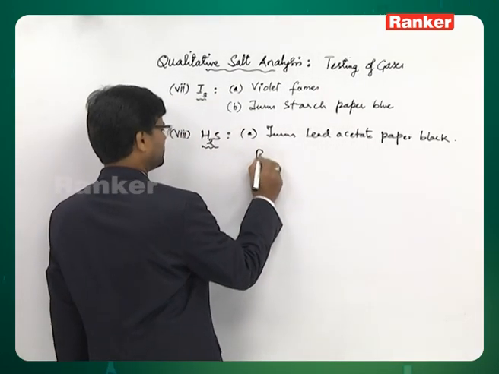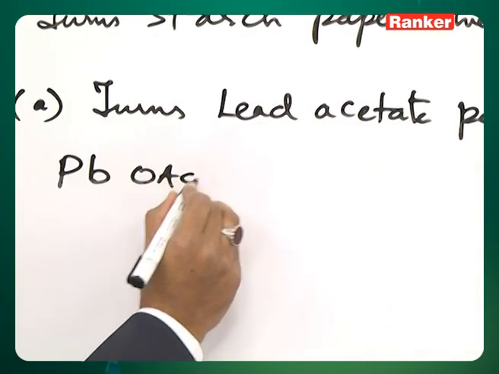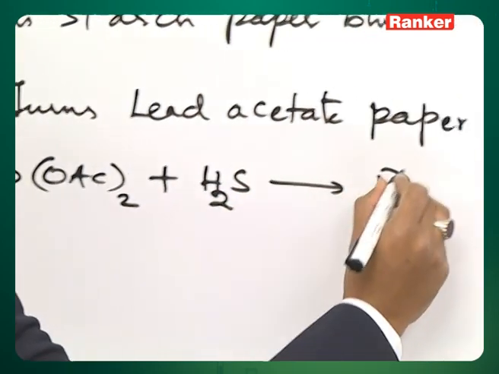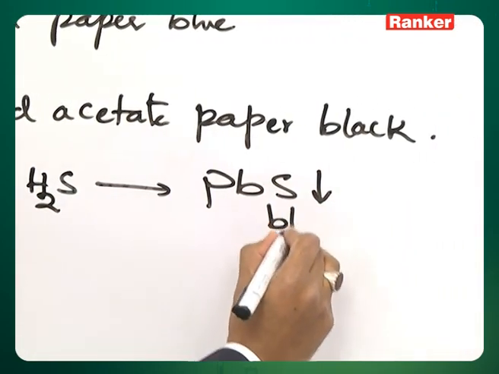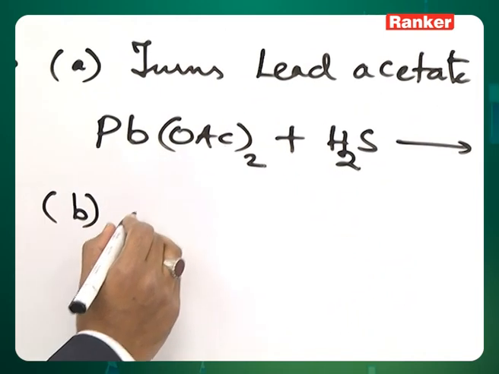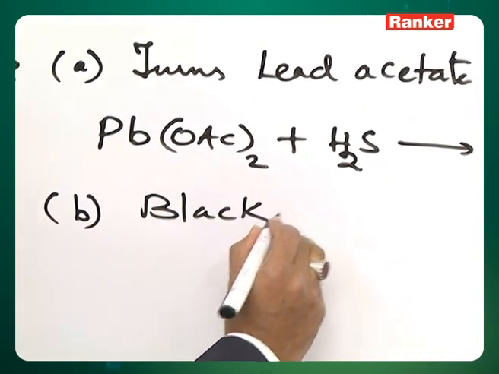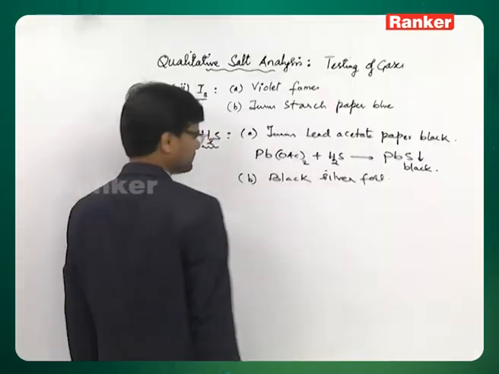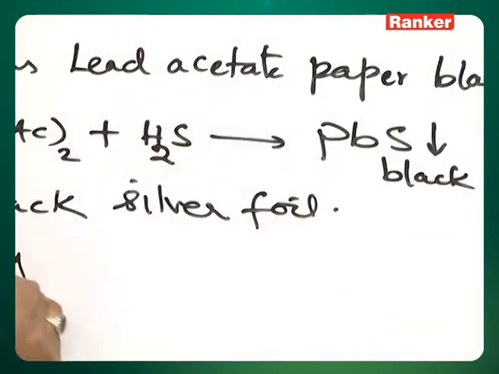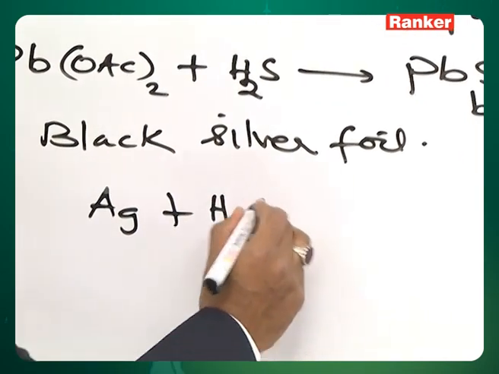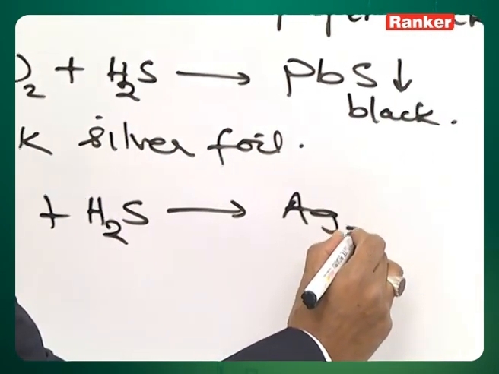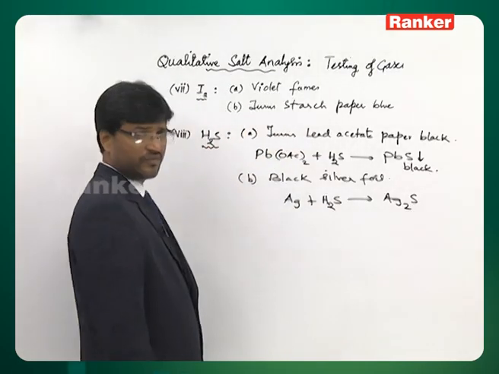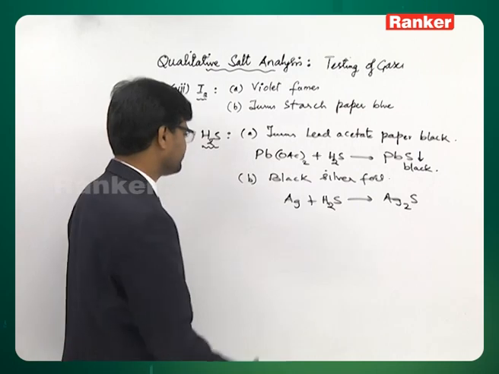The reaction which takes place is Pb(OAc)2 plus H2S. It gives a black colored substance PbS. It blackens silver foil. Ag plus H2S, it forms Ag2S, which is black. This is formed on the surface of silver foil.